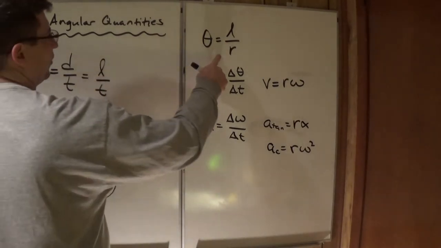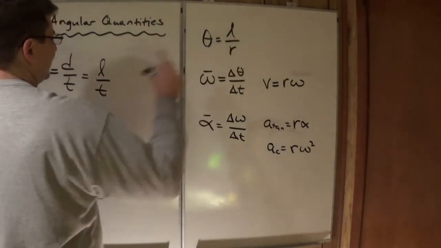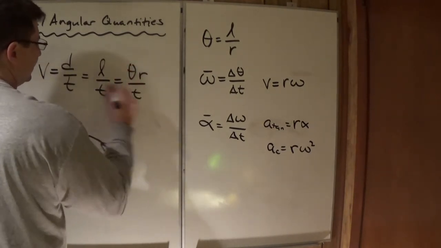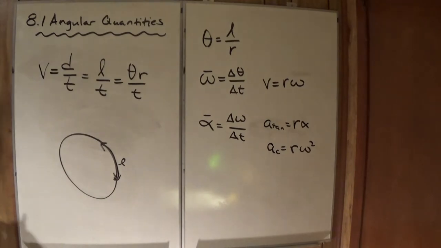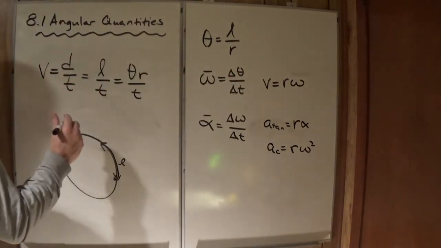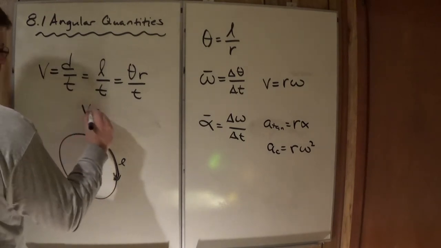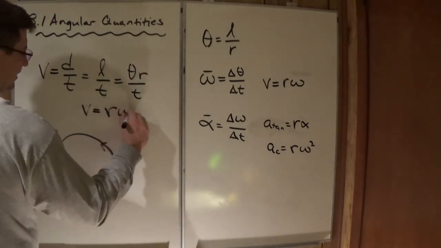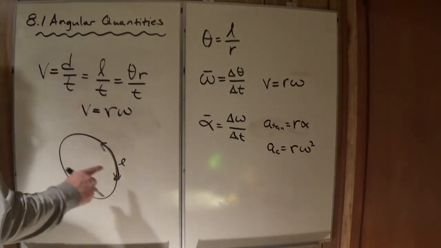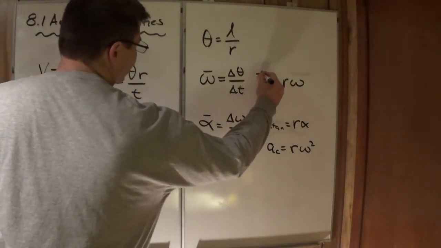But we see from this equation that L can also be expressed as theta times r. So theta times r over t. Well, theta over t is just another way to say angular velocity. So v is equal to the radius times the angular velocity. So without having to worry too much about the derivation, from now on we can just simply use this equation.